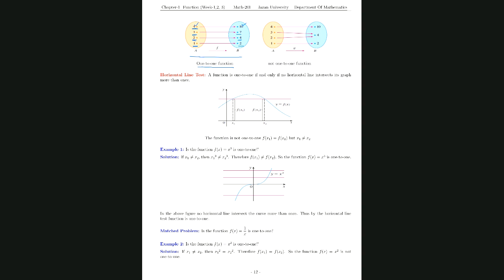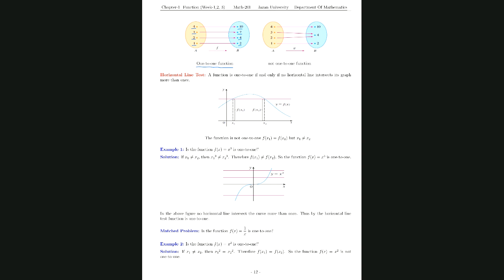See here, for all inputs the outputs are different. So this function is called one-to-one function, right?